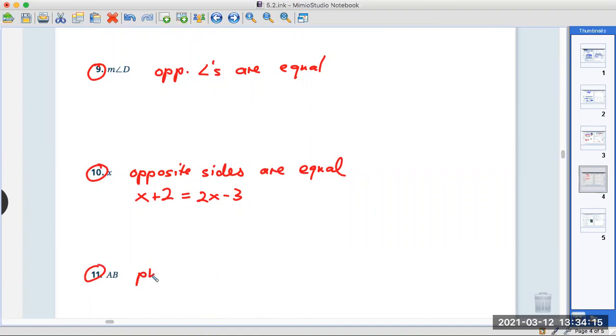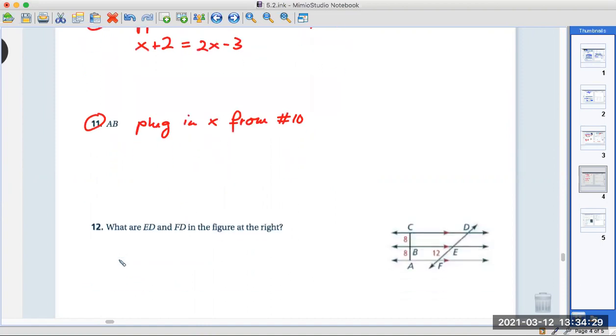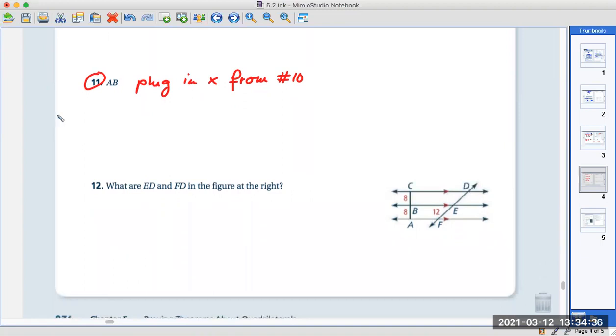Plug in x from number 10. Yeah, when you found x, you plug it in, and then you find AB. So those are the ones. Let's see what else I have found for you. Number 12.